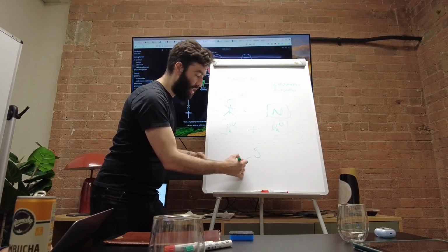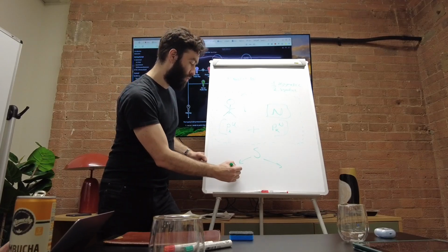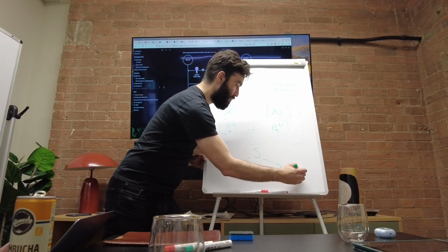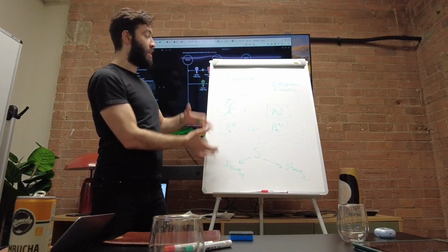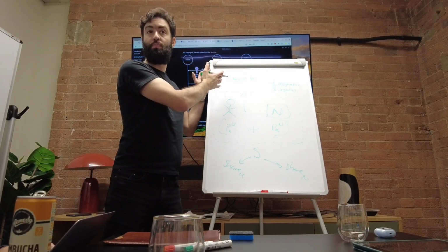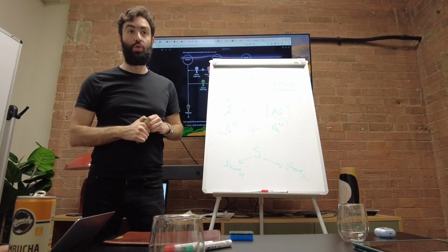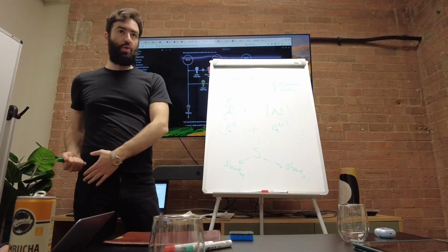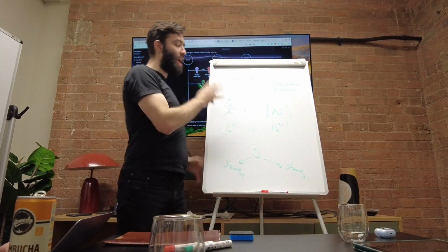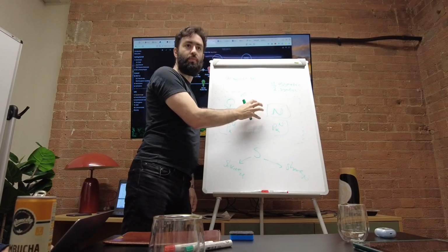You would be holding a share, and the notary will be holding a share, such that you cannot encrypt data to a website on your own anymore, and you cannot decrypt data coming from the website on your own anymore. You need the notary to be with you. The notary is connected to your hip. Every single cryptographic operation you do with the TLS, you're doing it with the notary.